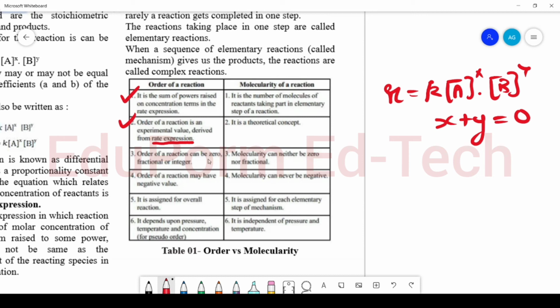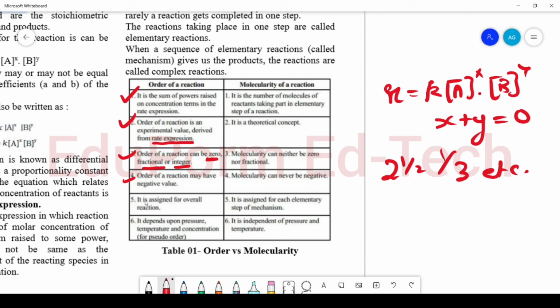Order of reaction can be 0, it can be fractional, or it can be an integer. That means order of reaction can be 2.5, order of reaction can be 1/3, etc. And the order of reaction may have a negative value, that means increase in concentration may slow the rate of reaction in some cases.